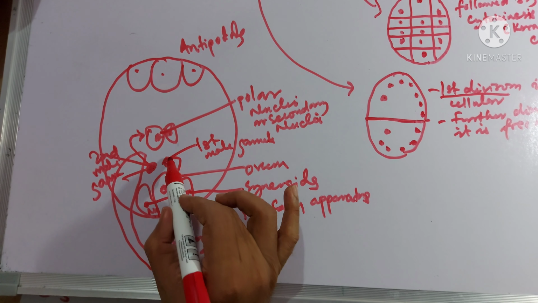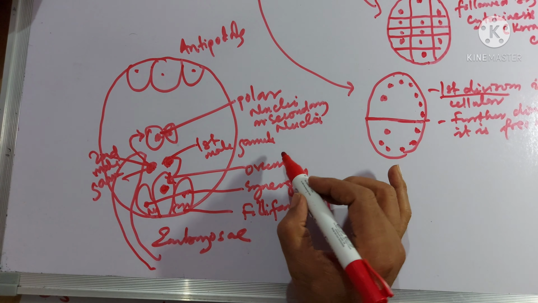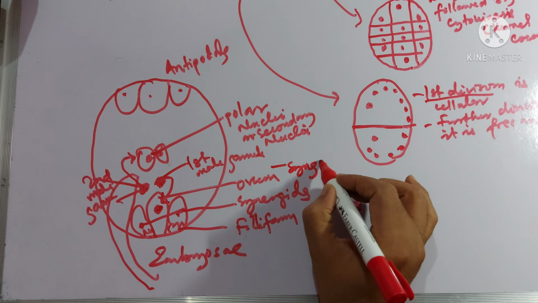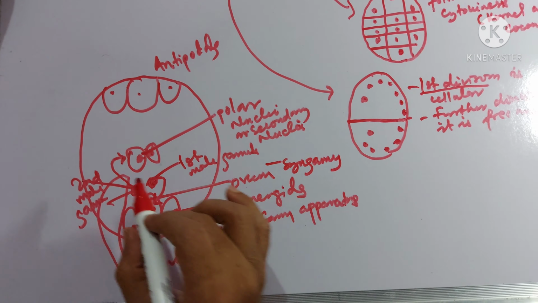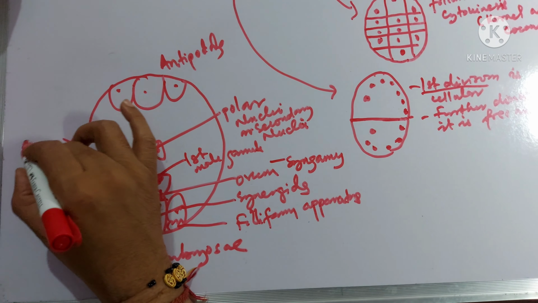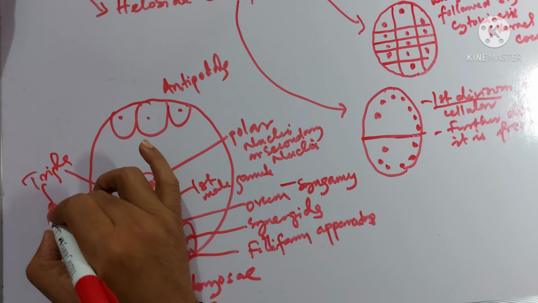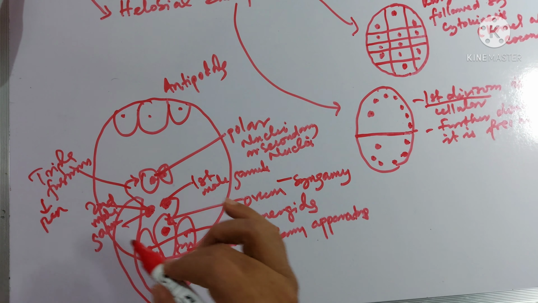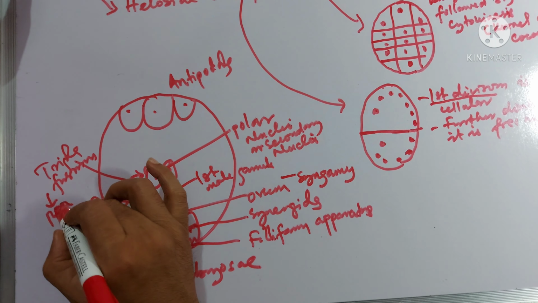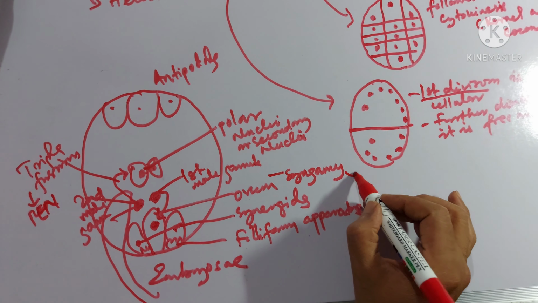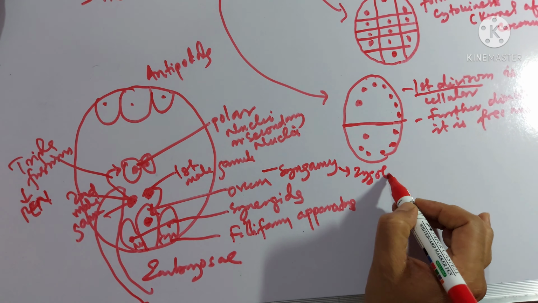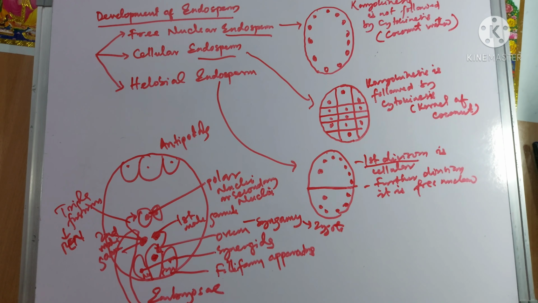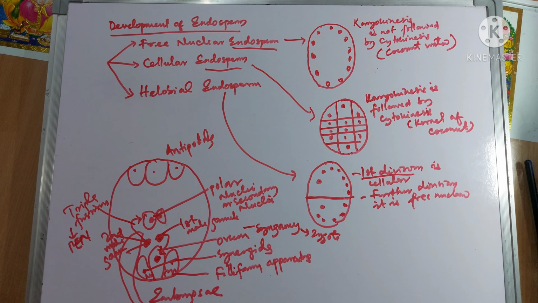The first male gamete and the ovum, this is the process of syngamy, which I have discussed also, and this is the triple fusion process, resulting in the PEN. Syngamy results in the zygote. So this is all about double fertilization and triple fusion.